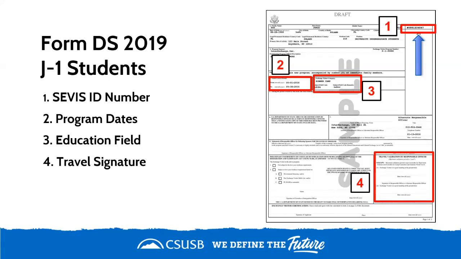What are you majoring in while you're participating in the program? And just like the F1 students on their I-20, J1 students on the DS-2019 also must have a travel signature. This is crucial if you're planning on returning to the U.S. to continue your programming. This travel signature is also good for 1 year.